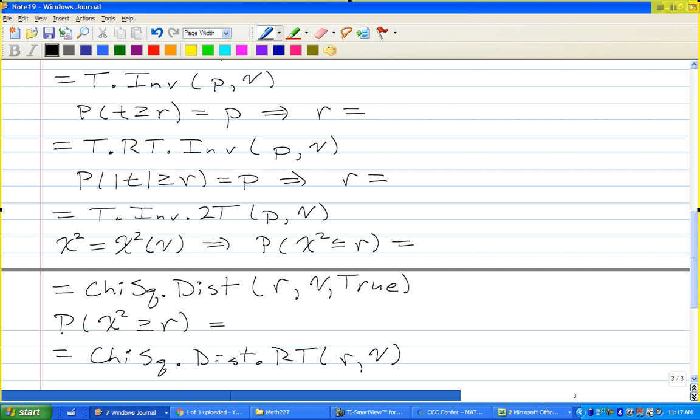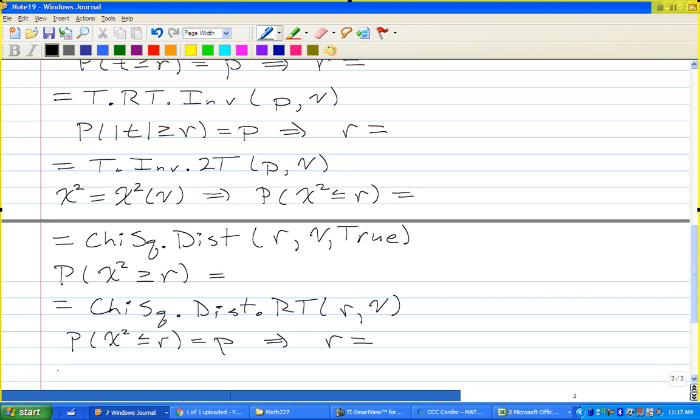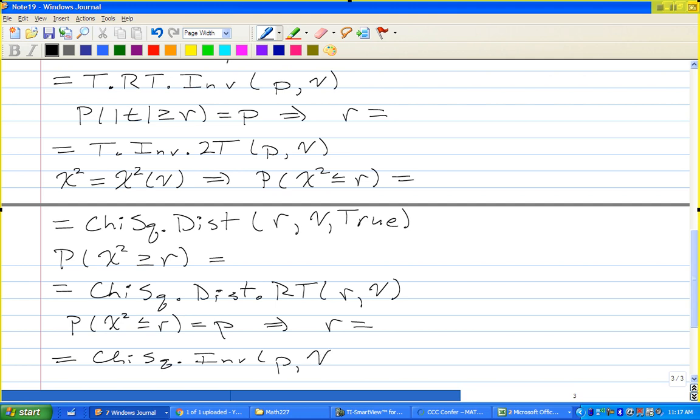And lastly, if you want to determine r, given some value p, then you would have the command chi-square inverse of p and your degrees of freedom. Okay, and you could calculate that.